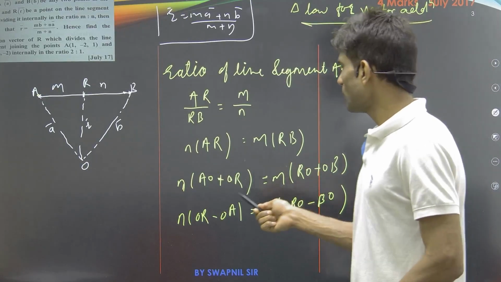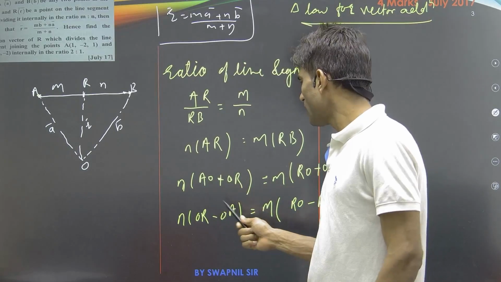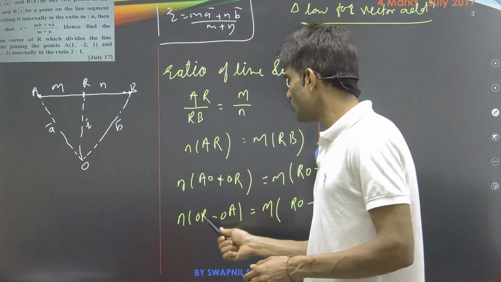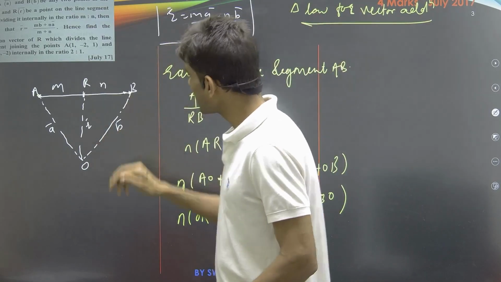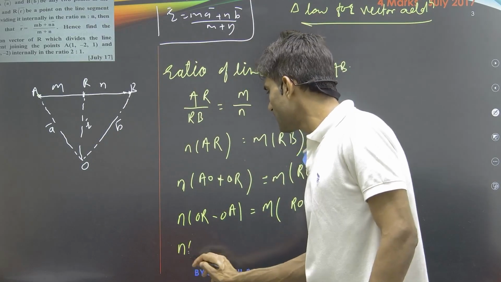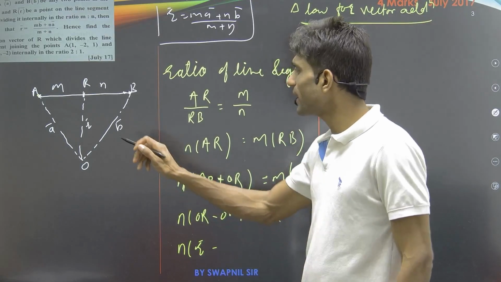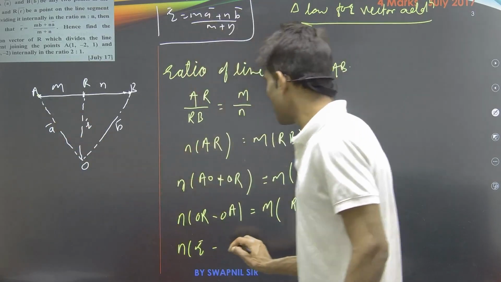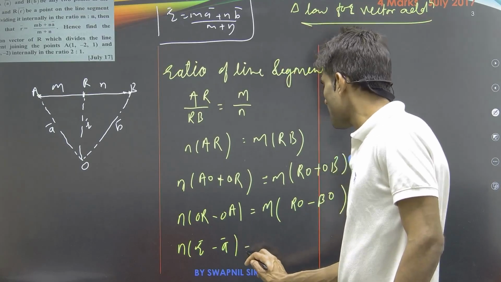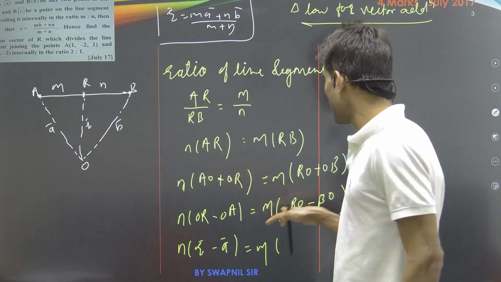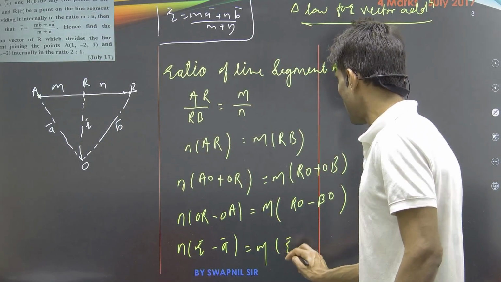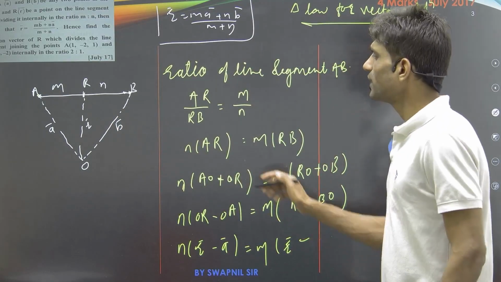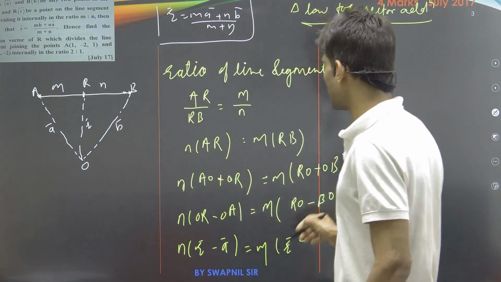Okay, so we have here position vector OR, position vector OA. Vector OR can be written as R bar, so N times R bar minus OA, which is A bar. M times under bracket RO, the value for RO again is R bar, minus vector BO, which can be written as position vector B bar.